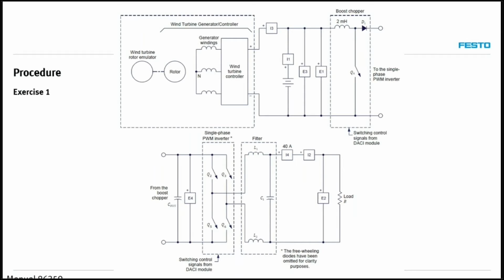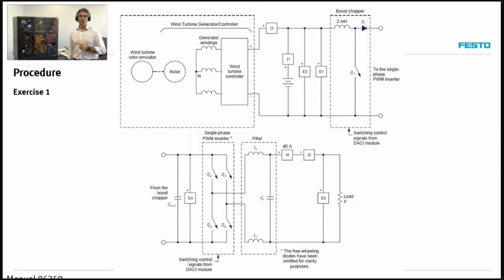So with the wind turbine on the upper left, the output of the wind turbine going to the wind turbine controller, which will be connected to the battery on the right, and then to the DC chopper completely on the right. And then the circuit continues on the second line, where out of the chopper, we go into the inverter that is implemented with 4 transistors.